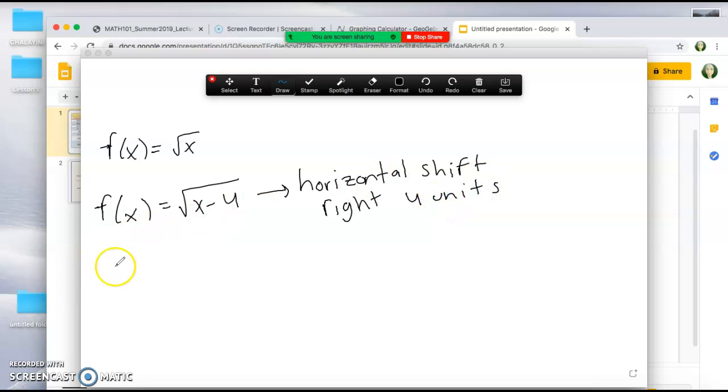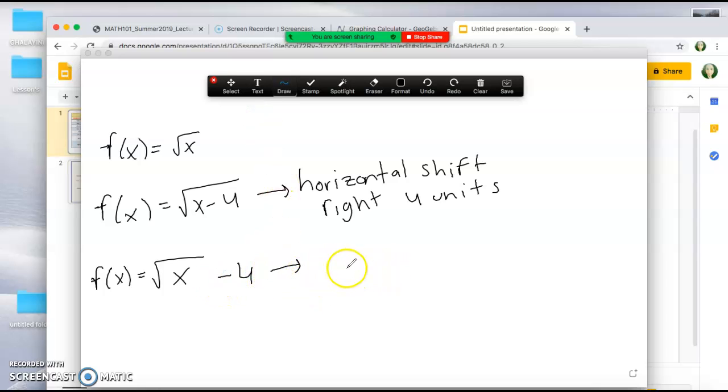Now let's write down a different example, right? Let's say we have f of x equal to the square root of x minus 4 on the outside. Now if you notice, the minus 4 is on the outside of the square root. Since it's on the outside, we're taking the square root of x and then subtracting 4 from it.